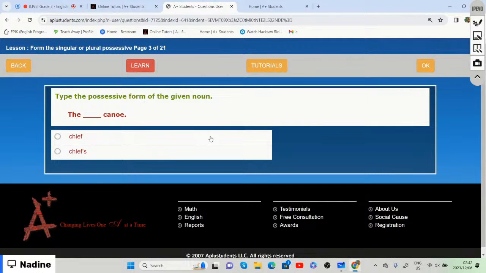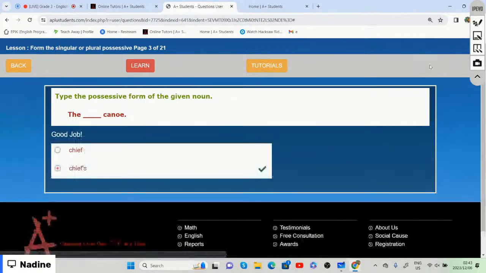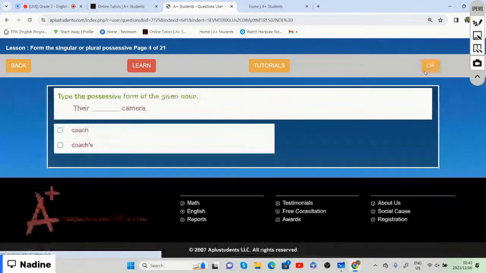All right, so we can then say it is the chief's canoe because it is something that belongs to the chief. And that is correct. Well done.